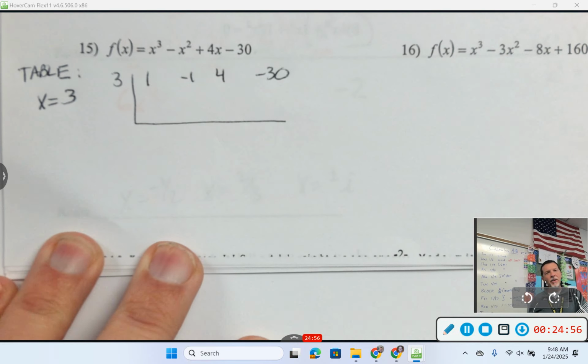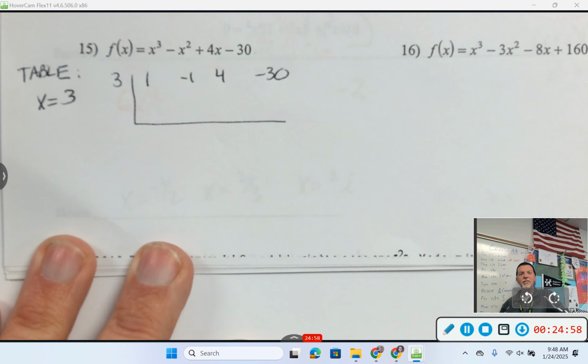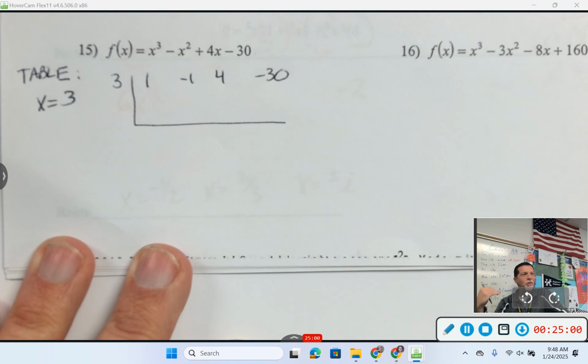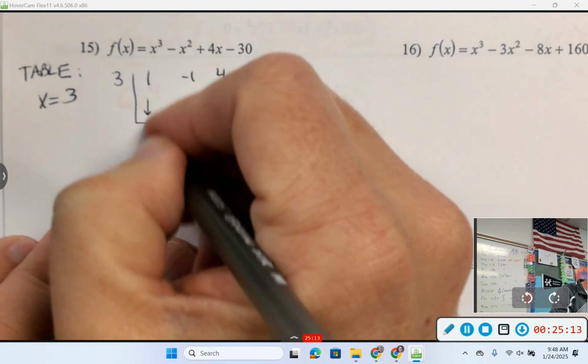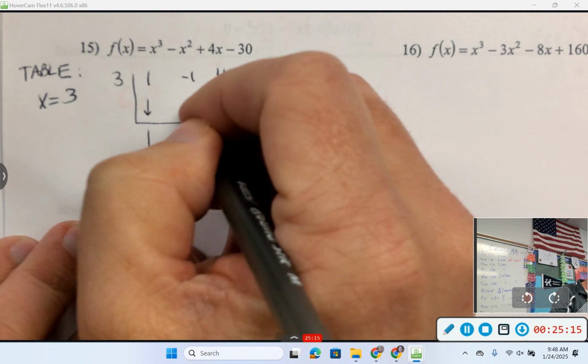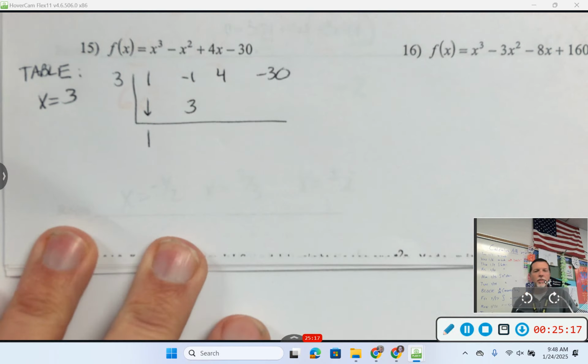Because what will happen if I synthetic divide a cubic? What will I be down to? A squared. And you can always solve the squared, right? Because you can always use the quadratic formula. So as long as you find enough zeros to get it down to x squared, then you're kind of home free after that. So synthetic dividing by 3.